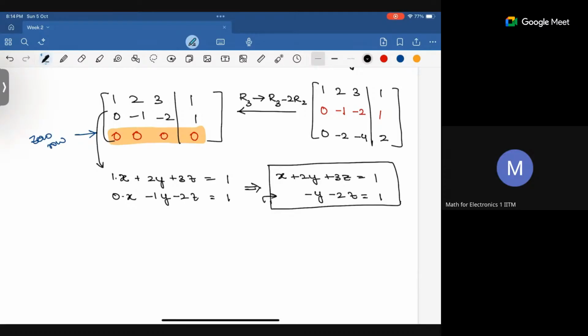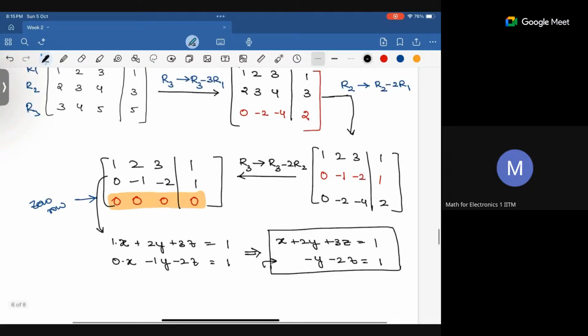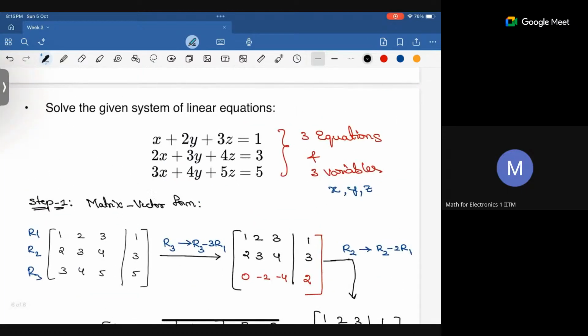So that means if I just keep on giving values for z, my triplet xyz values will change, and all these triplets will satisfy both the equations and also satisfy the initial equations too.